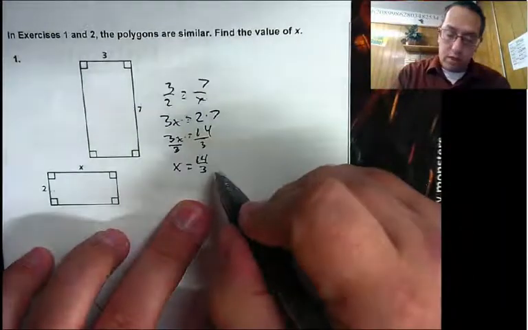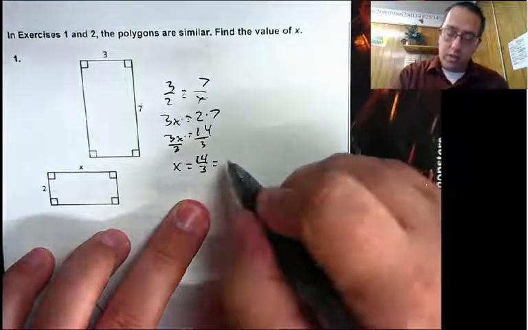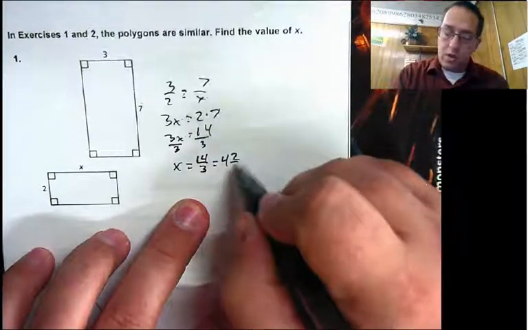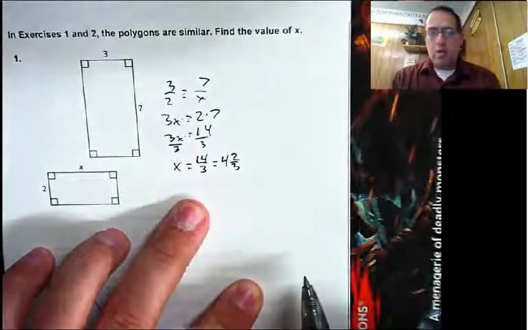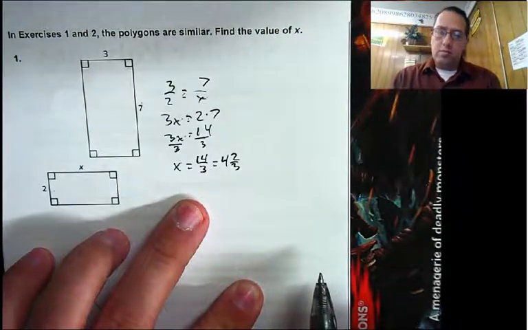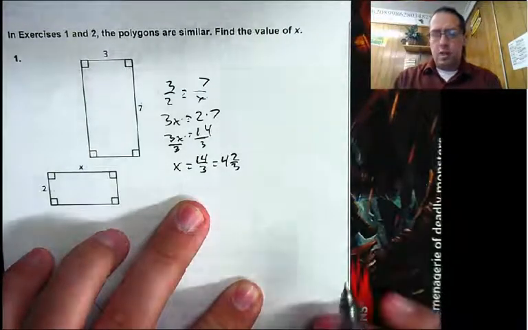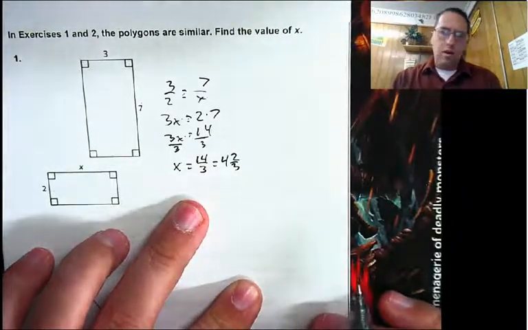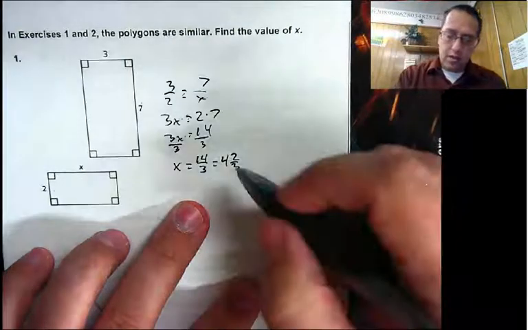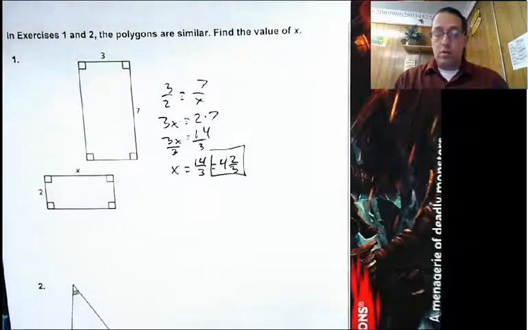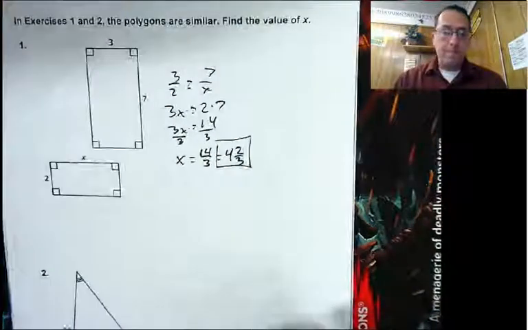Now, if you want, we could change this into a mixed number, which would be 4 and 2 thirds. If you want to change it into a decimal, don't. Thirds are a repeating decimal. They go on forever, and we don't like rounding. So we're just going to leave this as 4 and 2 thirds. Well, 14 thirds. 14 thirds is fine, too.